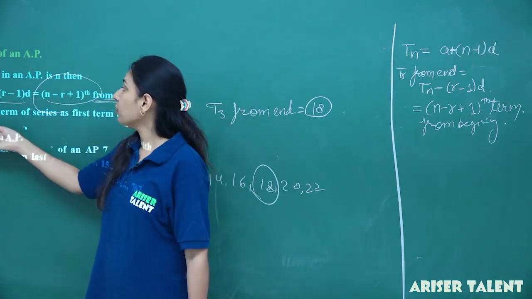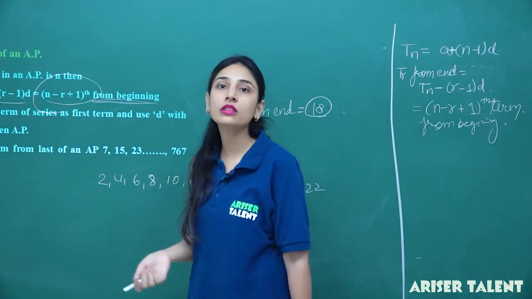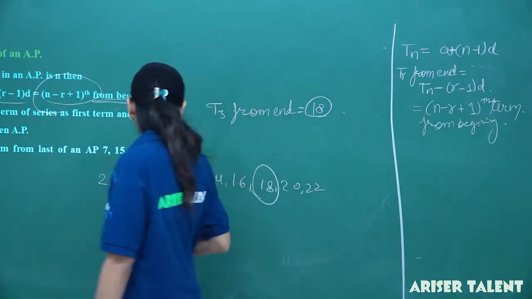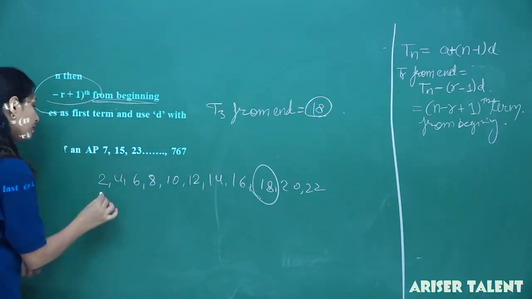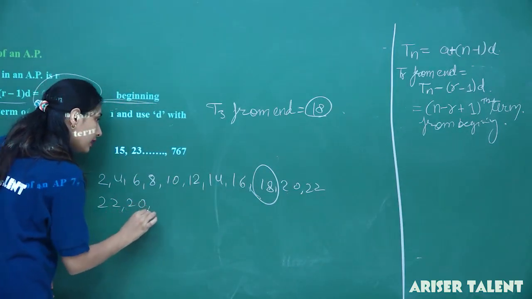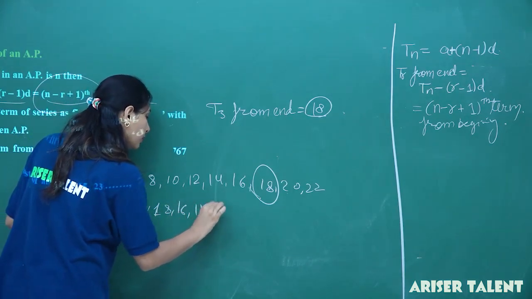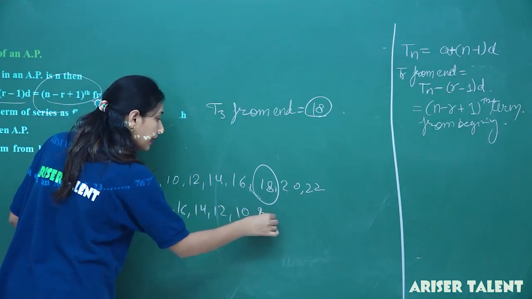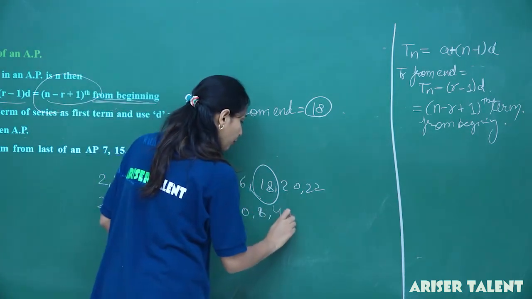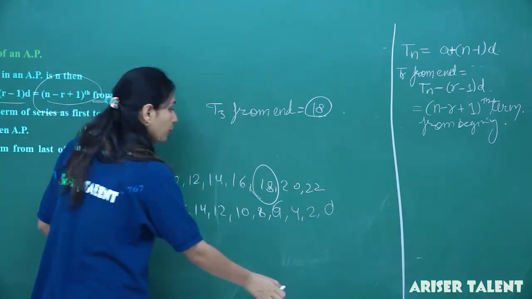Now, or we can use the last term of the series as the first term and use d with the opposite sign. This can also be done. If I reverse it, 22, 20, 18, 16, 14, 12, 10, 8, 6, 4, 2, from 2 it was starting.